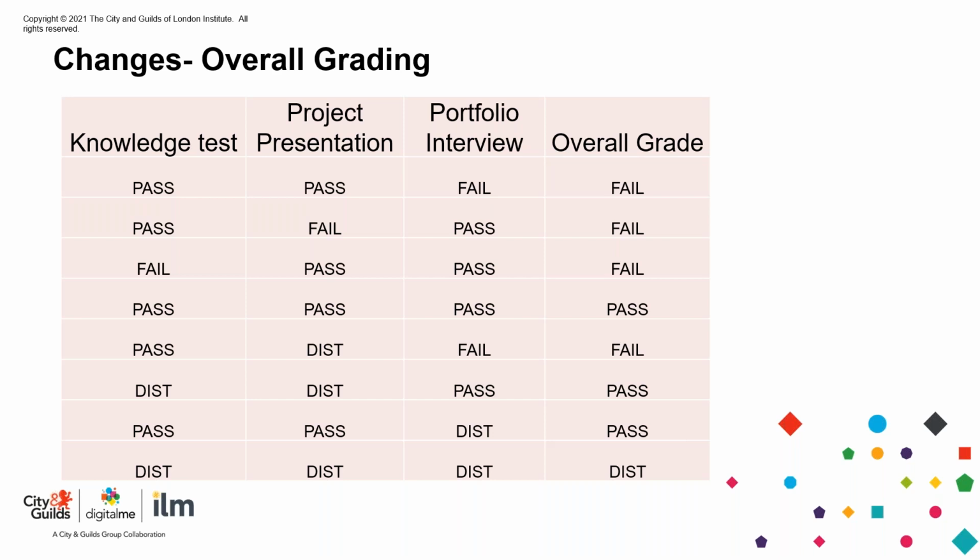Previously, in what we refer to as AP01 or the previous assessment plan, that wasn't necessarily the case. You could have rolled up because of the weightings. However, the new AP03 does require distinctions across the board and for all the criteria to be met in all three methods of assessment.